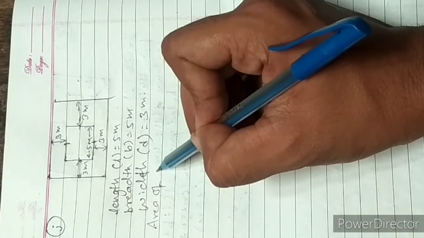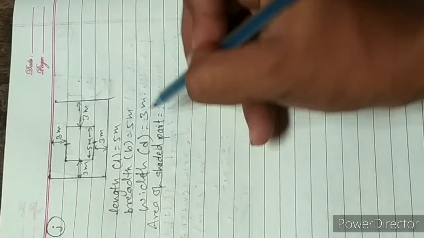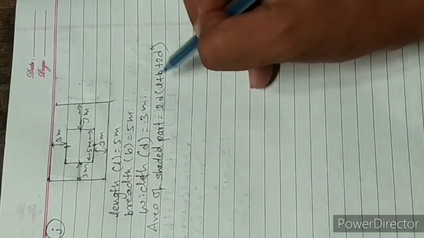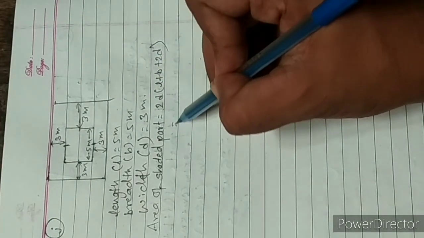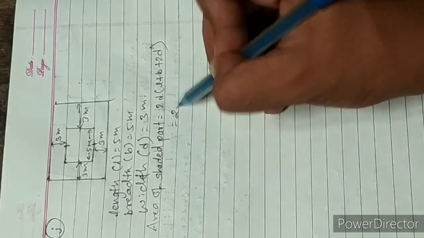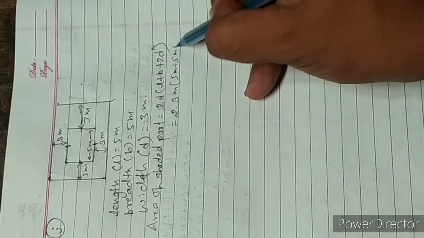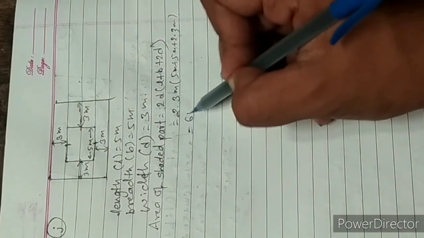So the area of the shaded part: inside value is given, so 2d(L plus B plus 2d), because that is the outside formula. 5 plus 5 plus 2 into 3, because the inside value is given, so we have to use the outside formula, and for the outside we have to use plus 6.